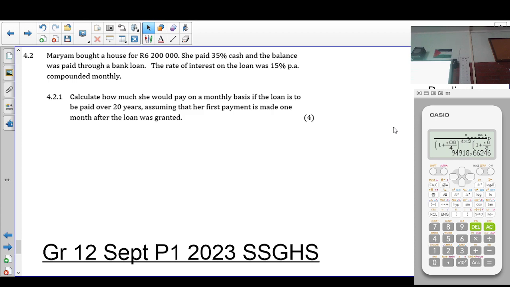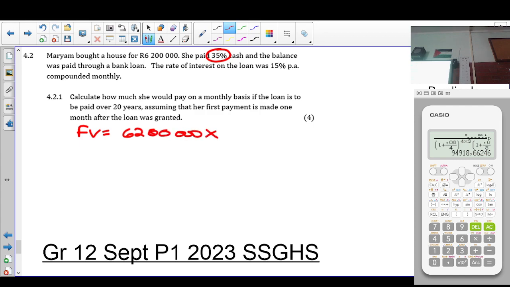So firstly, I need to work out what the value is. It is, of course, 65% of 6.2 million. Why 65%? Because 35% was the deposit. The question was not to calculate the deposit, and I don't need the deposit amount.